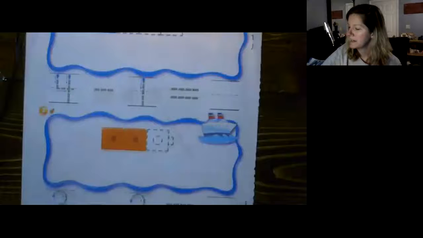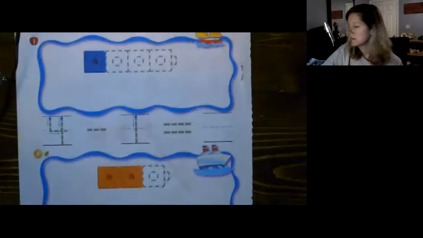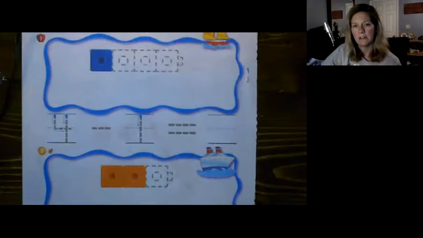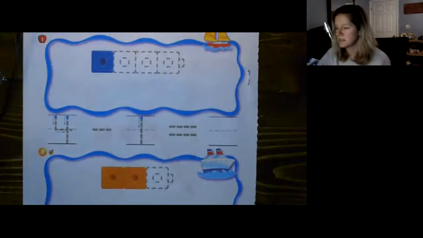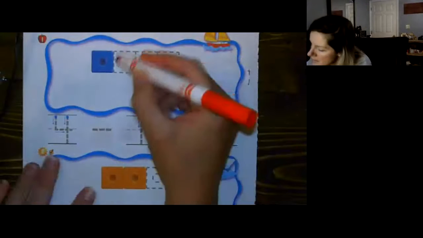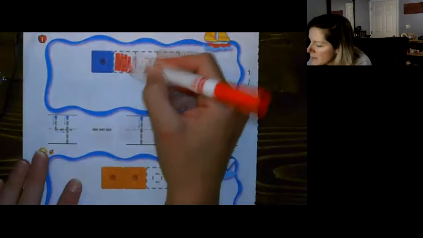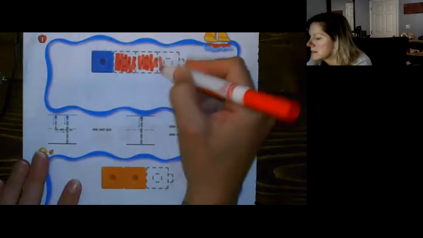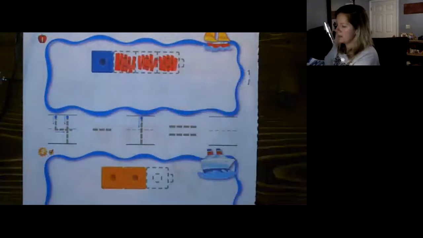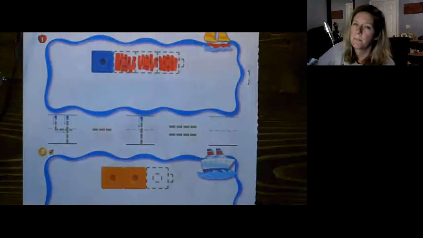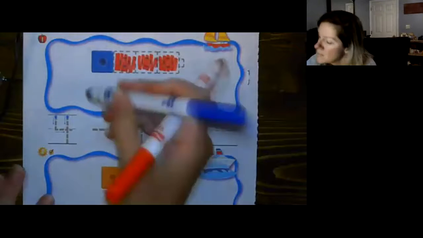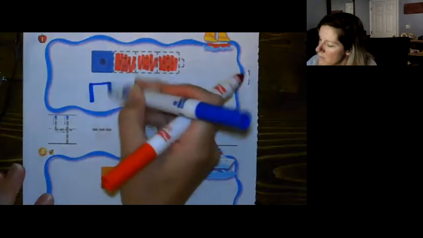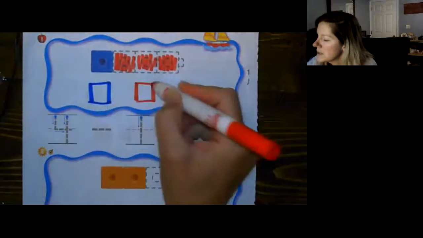All righty. So I'm going to just stick with red on this page, I think, just to be easy because I've got my red marker out. So I'm going to go ahead and color those red. Now, what they want us to do is take them apart. We're going to break them apart. So I've got my 1 blue here, and then my 3 red over here.